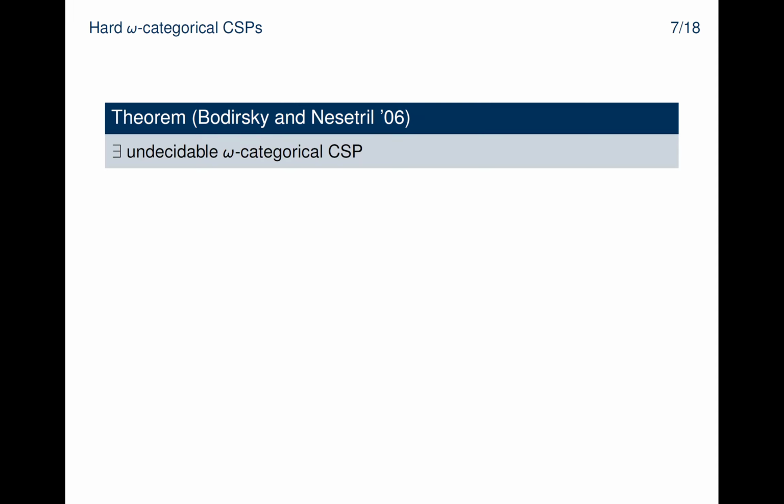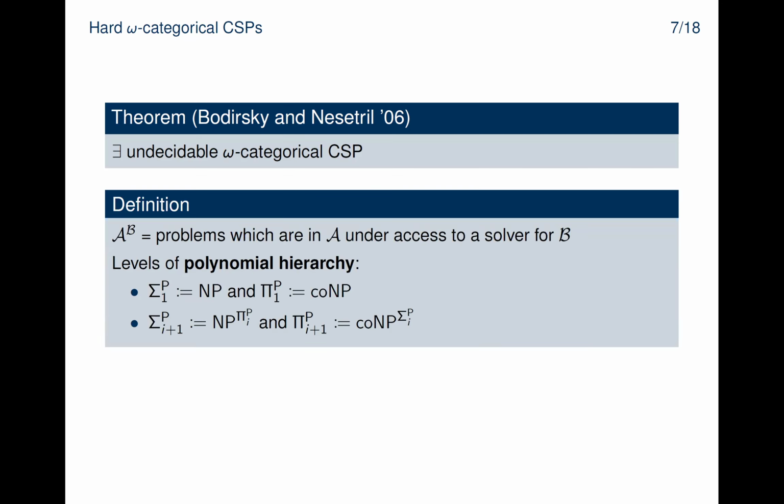But what I find more interesting is some of the subsequent results. So there is another paper two years later by Bodirsky and Grohe, and they have a more constructive proof, like constructions of hard omega-categorical CSPs. And to present this result, I first want to give you a definition. So now we want to look at complexity classes which rely on the oracle model.